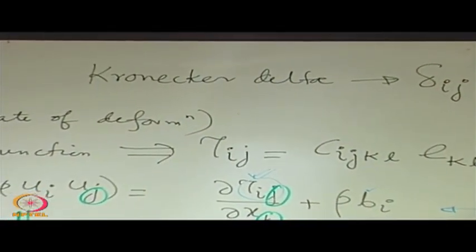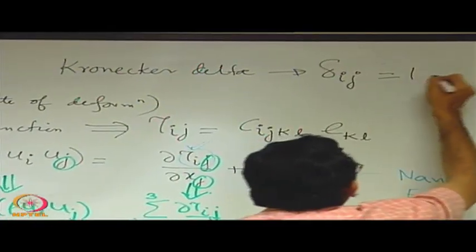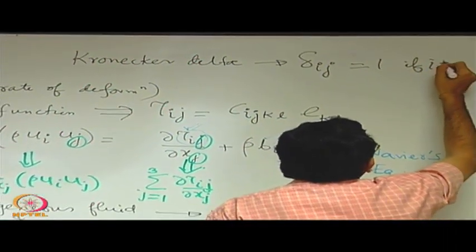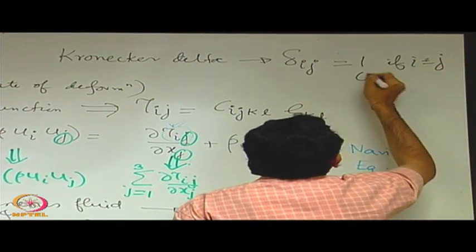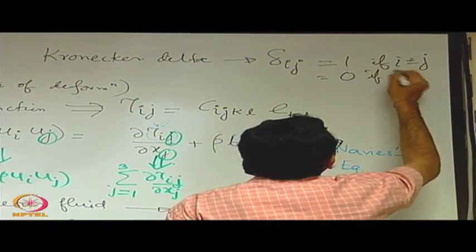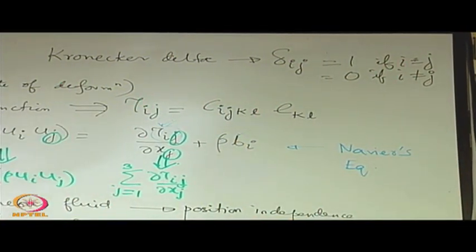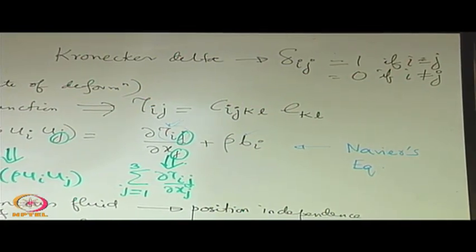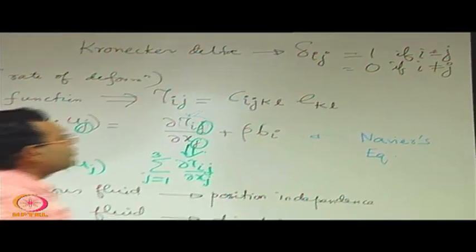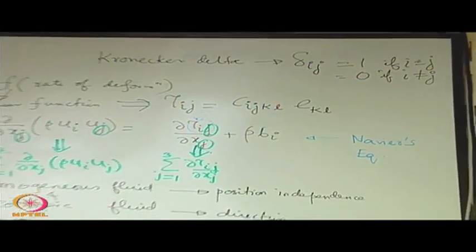It is defined in this way, delta ij is 1 if i is equal to j, and 0 if i is not equal to j. So, if you have only i equal to j, this is 1, otherwise 0.